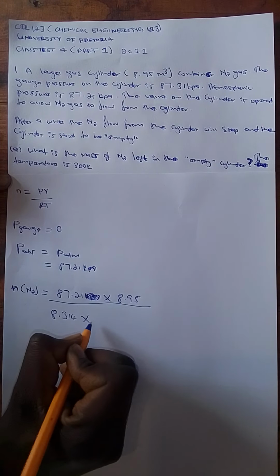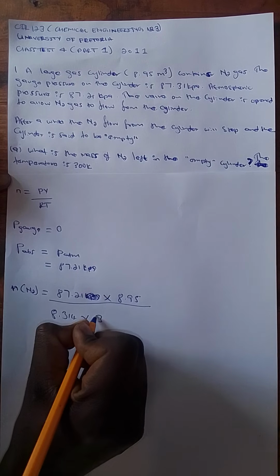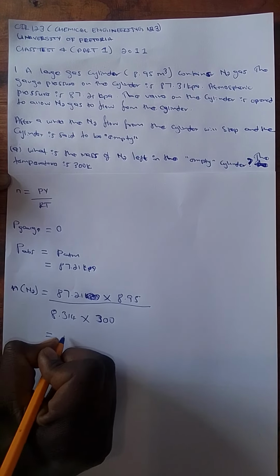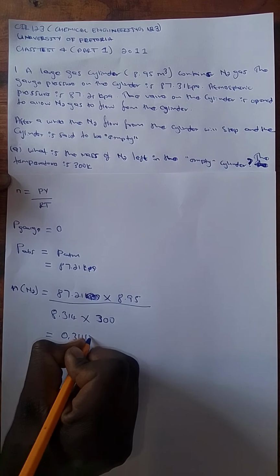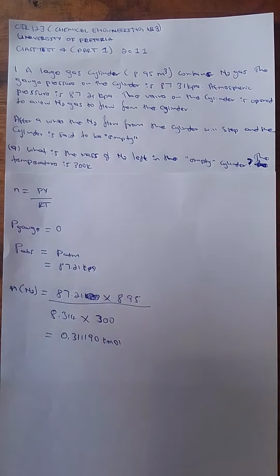Now, if you use your calculator, you will find 0.311190 kilomole. So we know that there's actually 0.311190 kilomole of N2 in the cylinder.